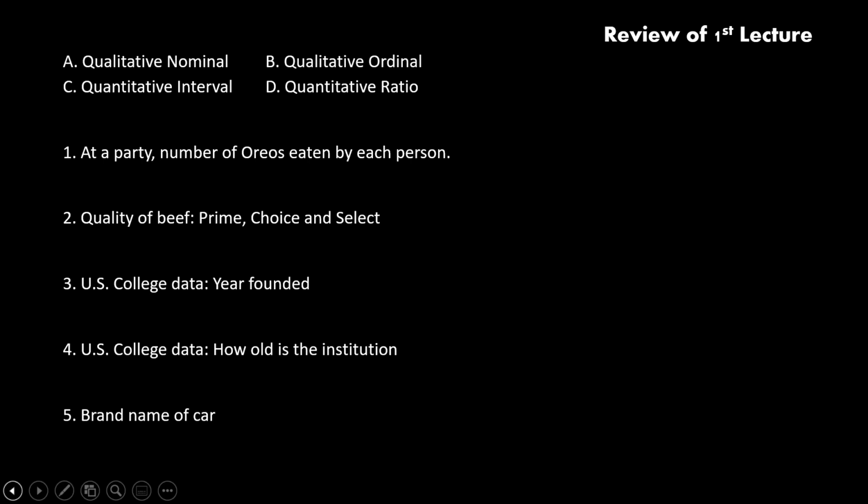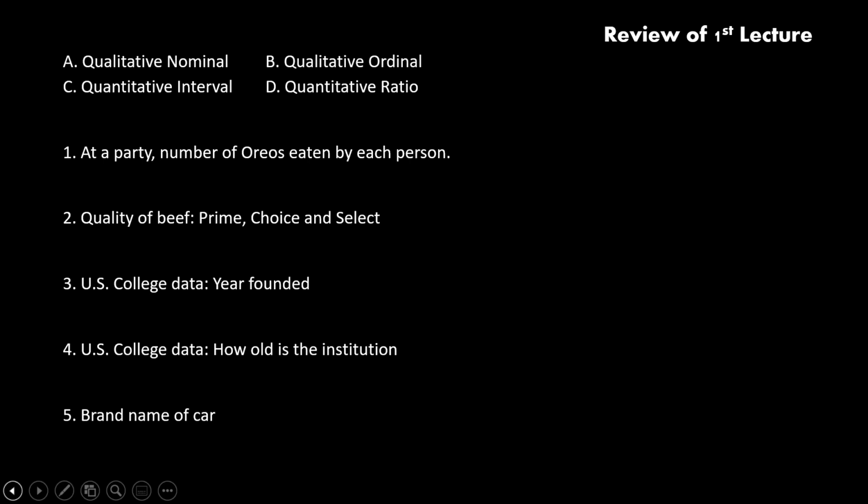If you measure from the beginning of the Earth's history, like some billion years ago, then the ratio is totally different, right? So the ratio depends on what you choose the zero to be. So that's why the ratio doesn't make sense for this data, and therefore it will be quantitative interval, right?